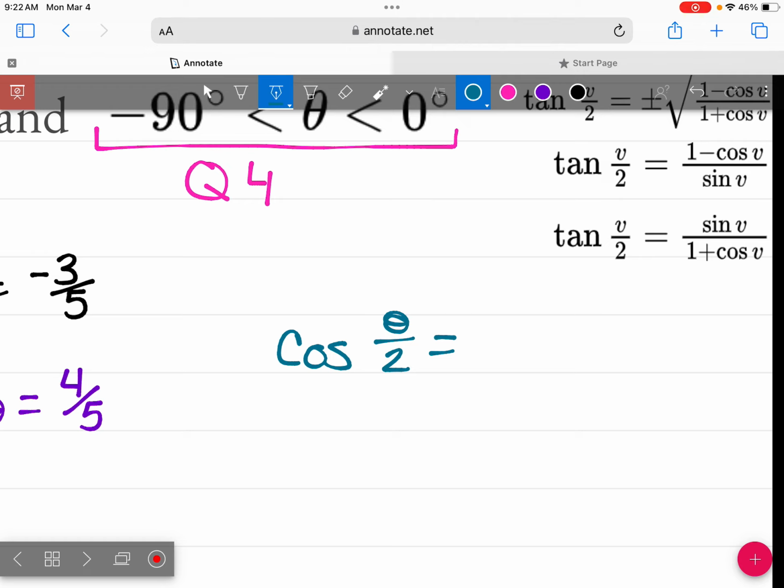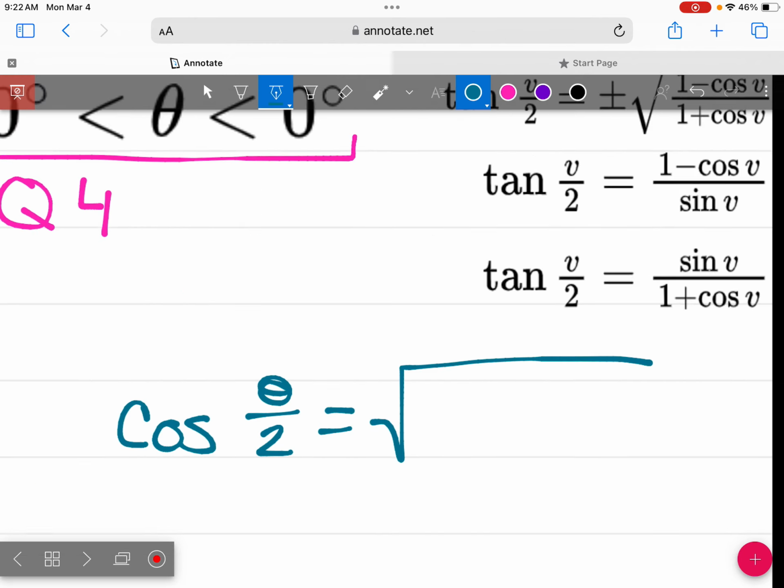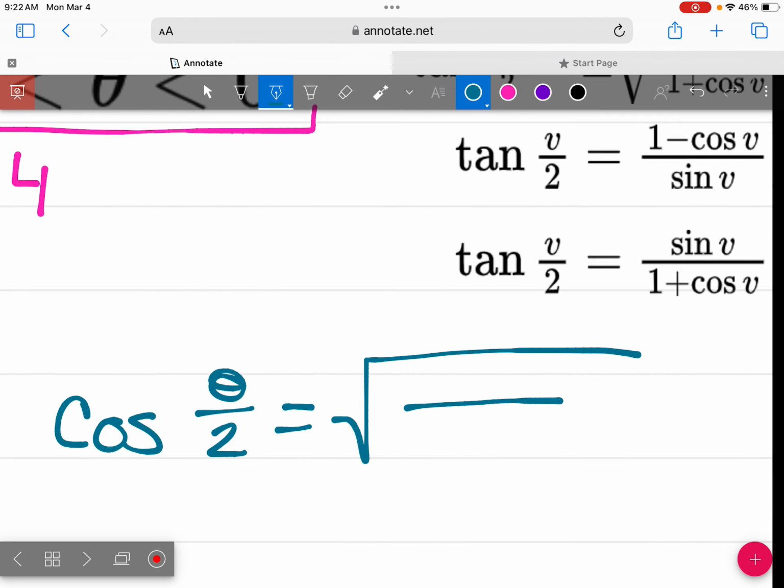In quadrant 4, are my cosines positive or negative? Positive. So we know it's going to be positive. Square root of the fraction 1 plus the cosine of our whole angle, 4/5, over 2.